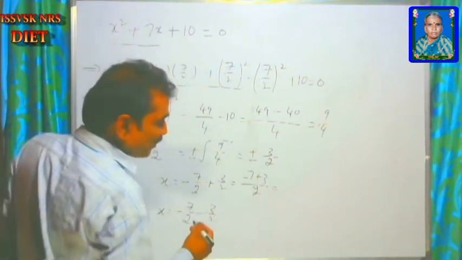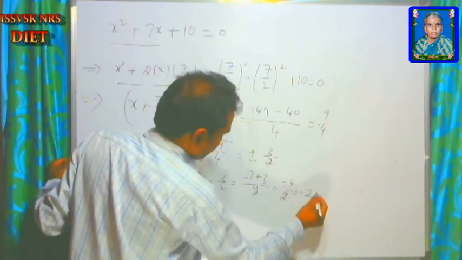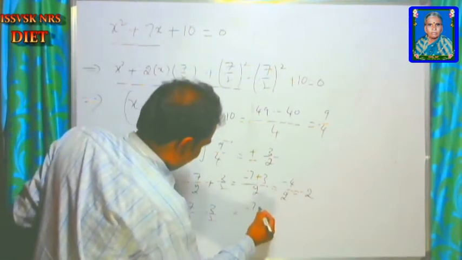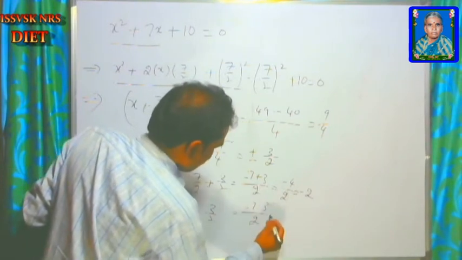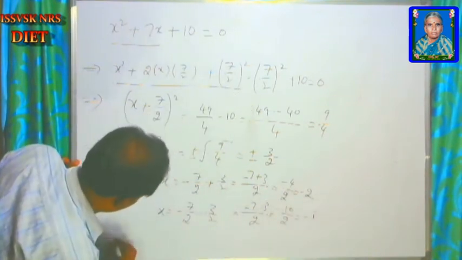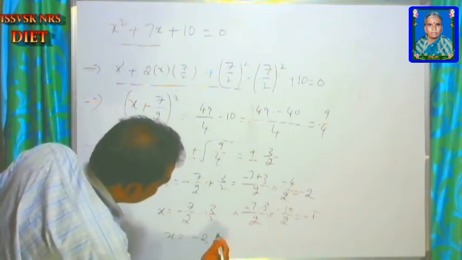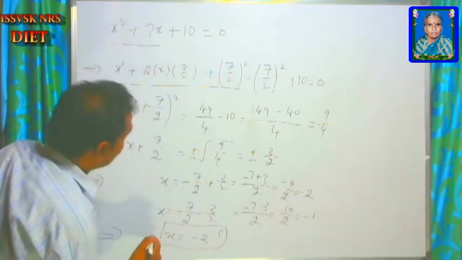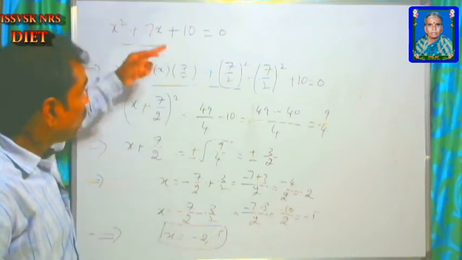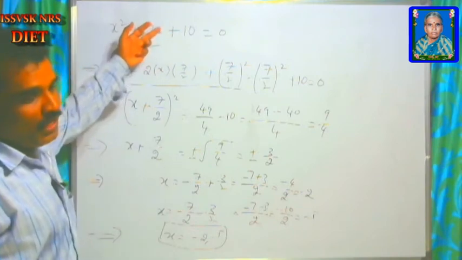Minus 7 plus 3 is equal to minus 4 by 2 is equal to minus 2, which is equal to minus 7 minus 3 divided by 2 is equal to minus 10 by 2, which is equal to minus 5, which implies x is equal to minus 2, minus 5 are the required solutions of the given quadratic equation, required zeros of the given quadratic equation, required roots of the given quadratic equation.